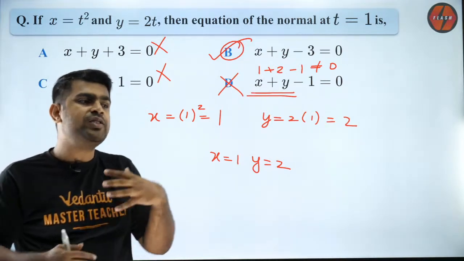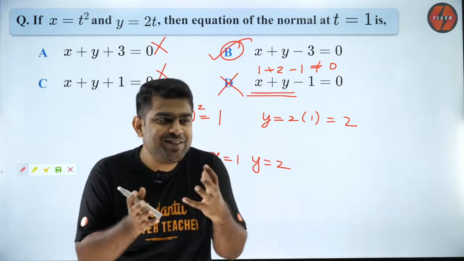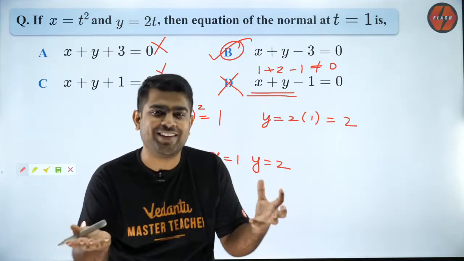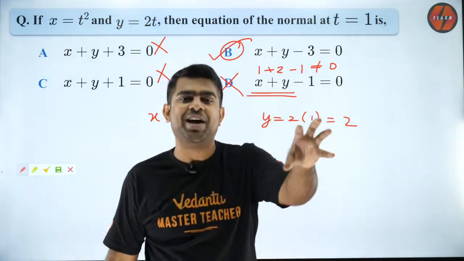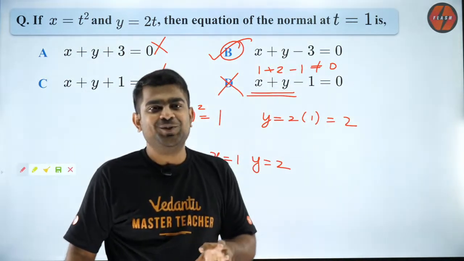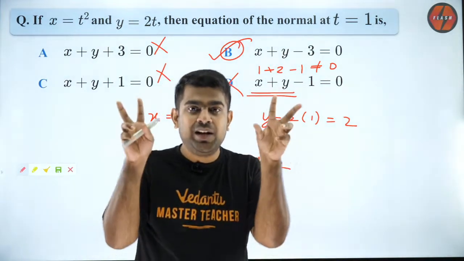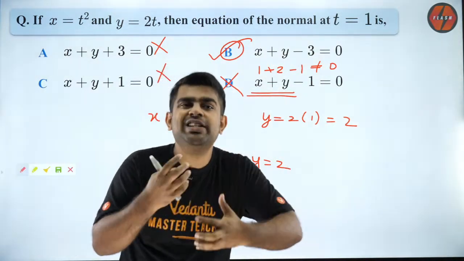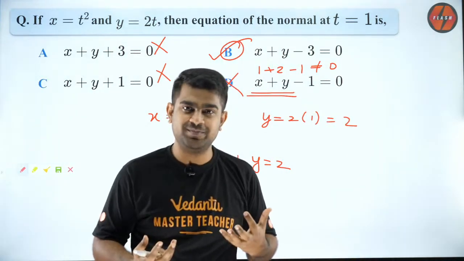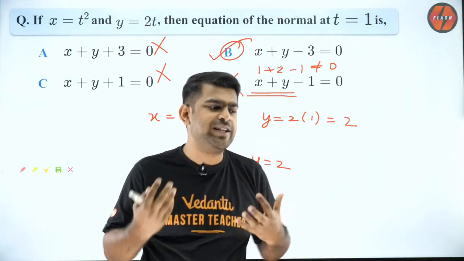So I want you guys to develop this also. Normally teachers don't teach this because it's not very fair. It is like exactly preparing for one exam. So this is called the elimination method or substitution method, which usually students develop on their own by solving a lot of exams.